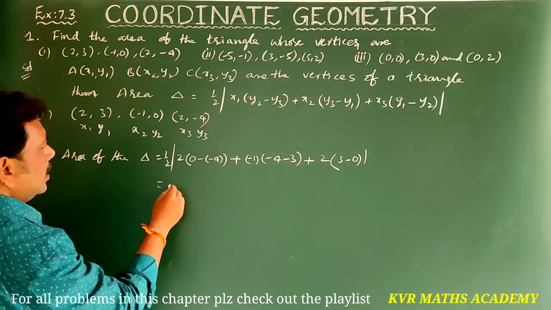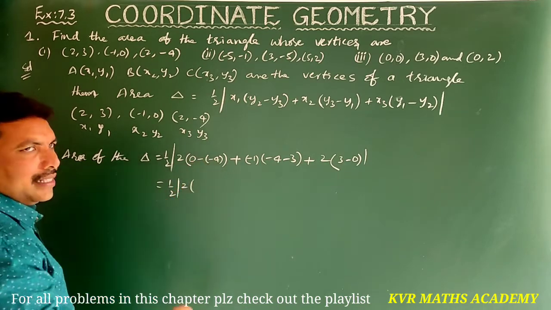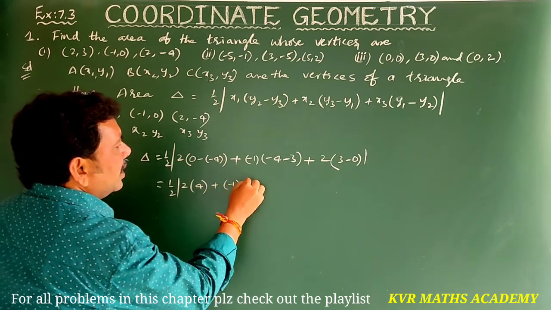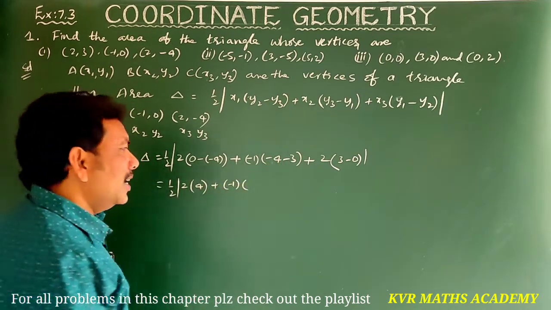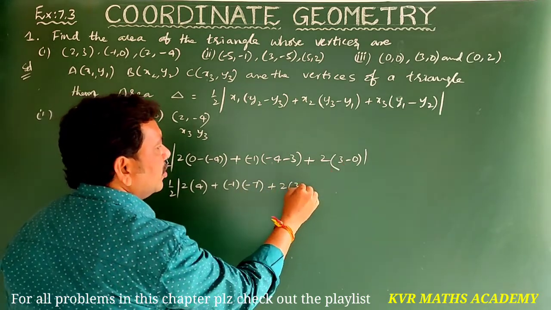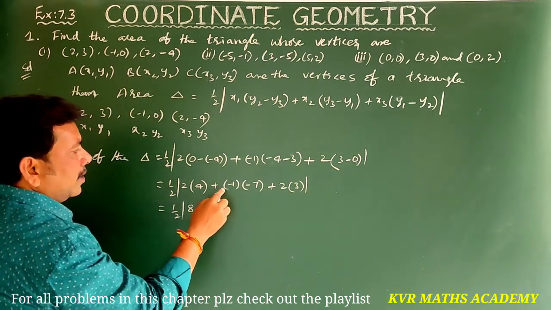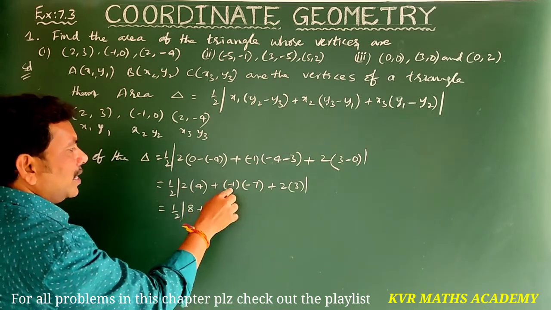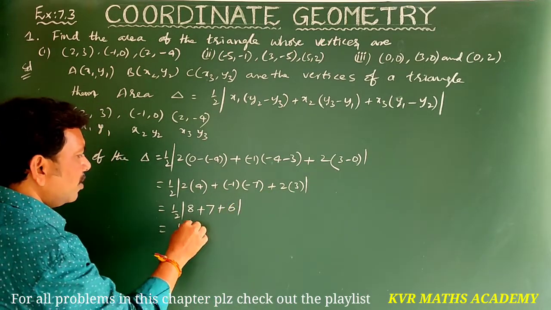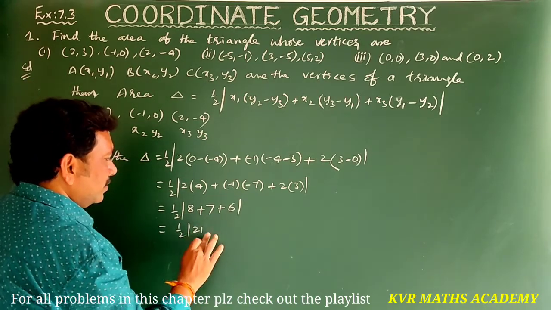That is equal to half modulus of 2 into 0 plus 4, which is 4, plus minus 1 into minus 4 minus 3, which is minus 7, plus 2 into 3 minus 0, which is 3. That is half modulus of 2 fours are 8, minus into minus is plus, 1 seven is 7, plus 2 threes are 6. That is half modulus of 8 plus 7, 15, 15 plus 6 is 21.